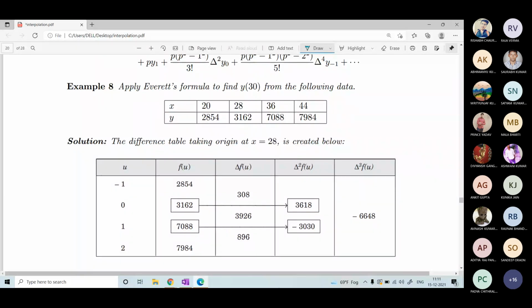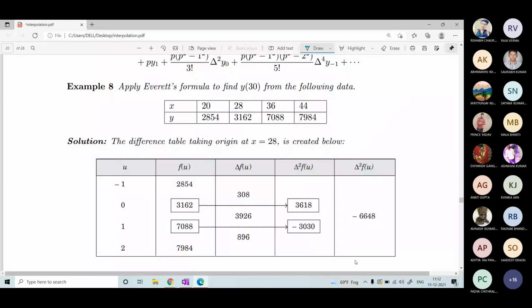From these 4 data points, you complete the forward difference table. Once the forward difference table is written, you will determine which element you want to choose as center. You have to evaluate the y value at x equals 30. 30 is lying between 20 and 36. So either you'll be choosing 28 as center or 36 as center. Suppose here 28 is chosen as center. While choosing center, you also have to keep in mind that the p value should lie between minus 0.5 and plus 0.5.